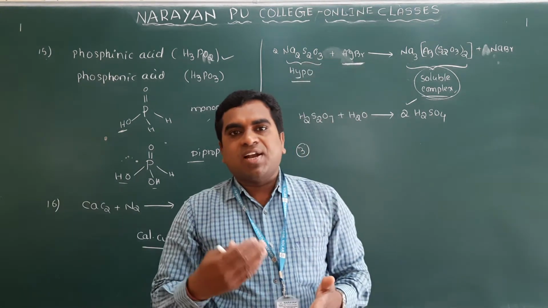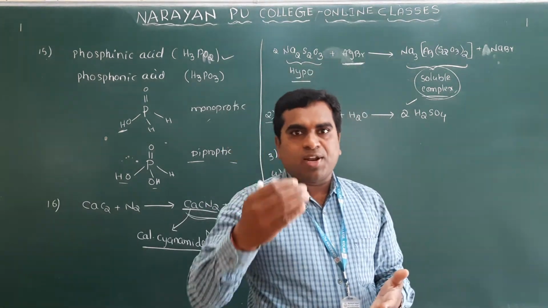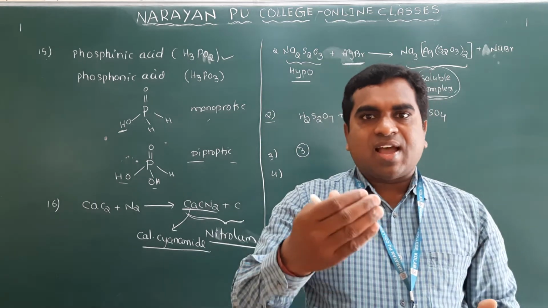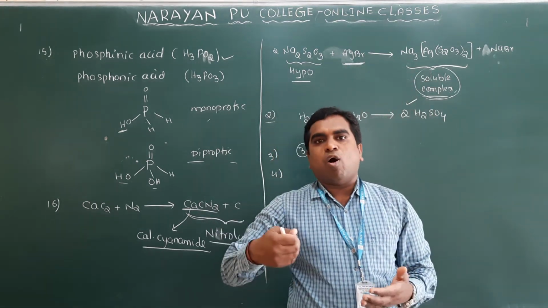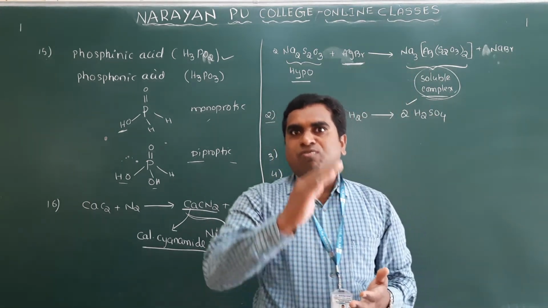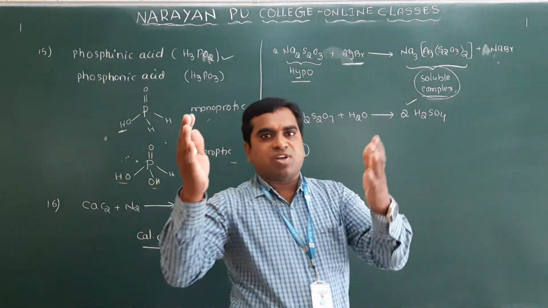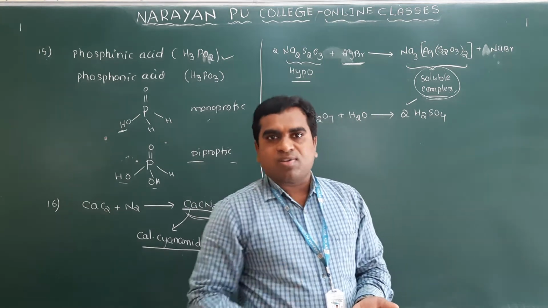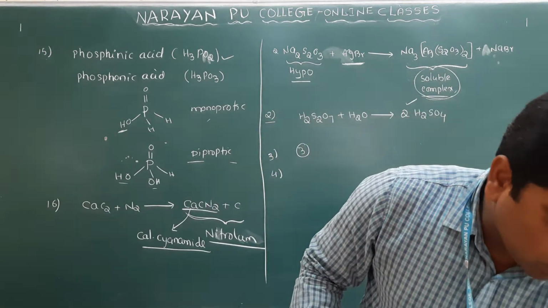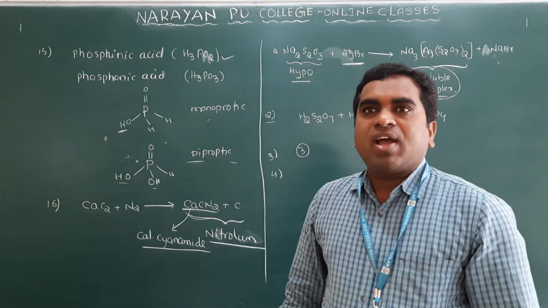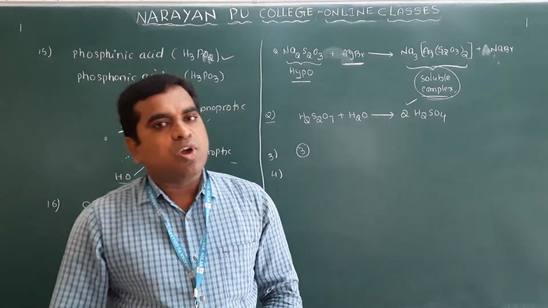If you do the fractional distillation, I already mentioned nitrogen has a lower boiling point than oxygen. So nitrogen distills out first, and after that we can collect the oxygen. Nitrogen has the lower boiling point.